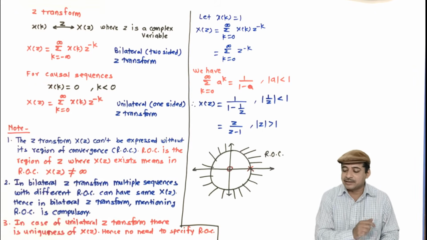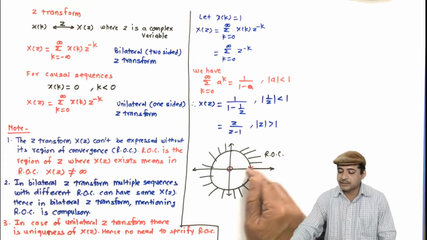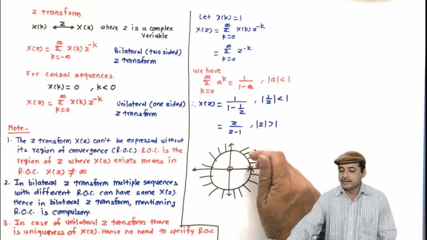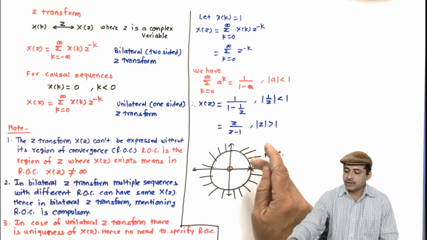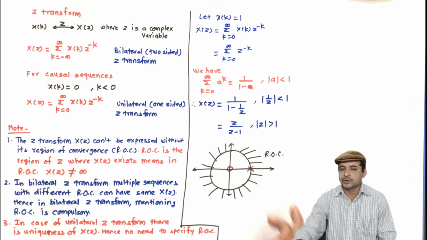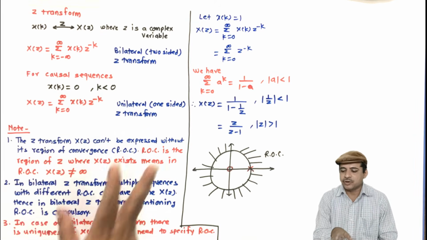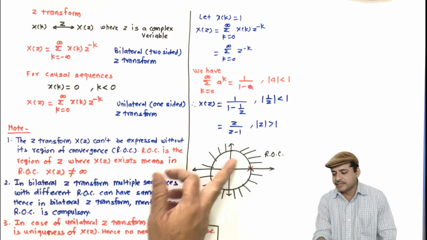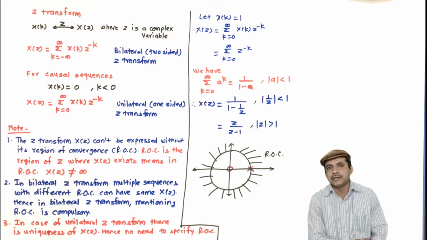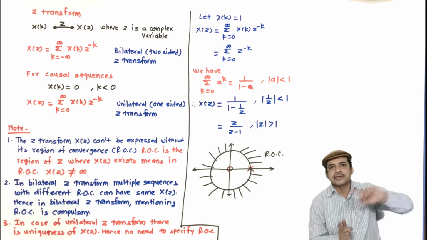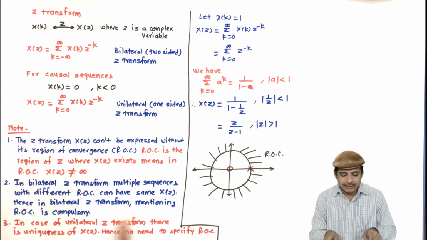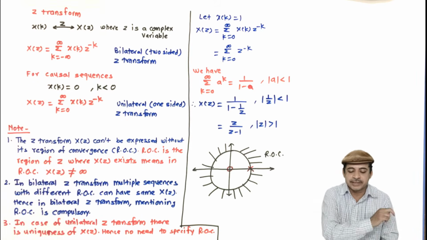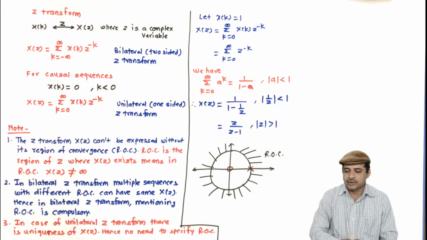But in case of bilateral, this ROC may be outside the pole or it may even be inside the pole. And x(k) for the ROC outside the outer pole is different for the same X(z), and if the ROC is inside the innermost pole, x(k) is different. That is why in this case it is compulsory to mention X(z) with ROC, which is not required here.